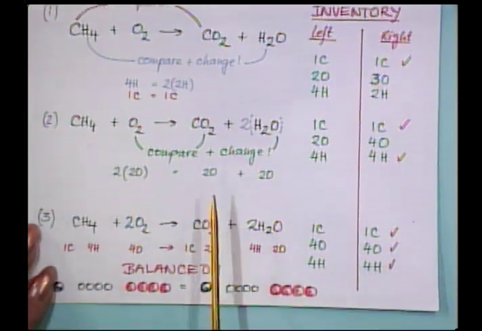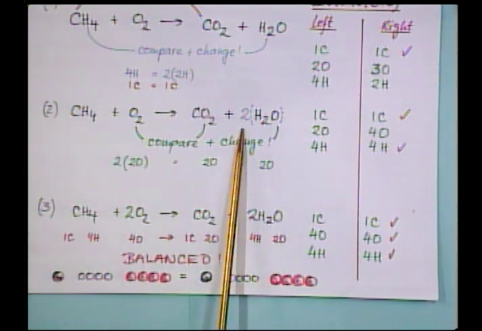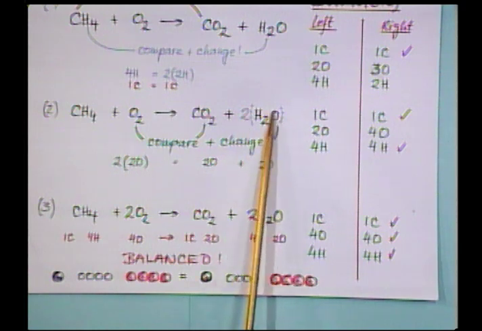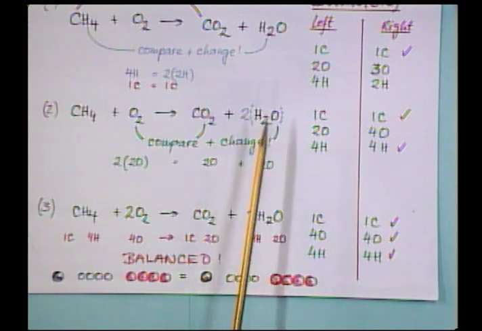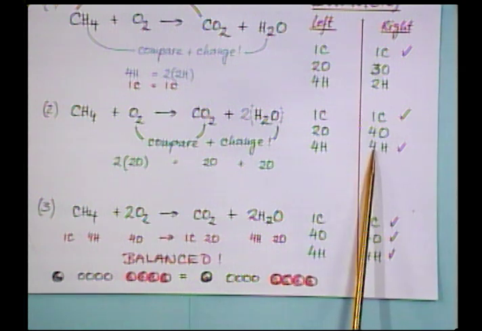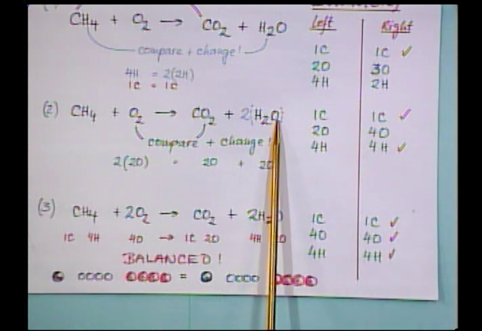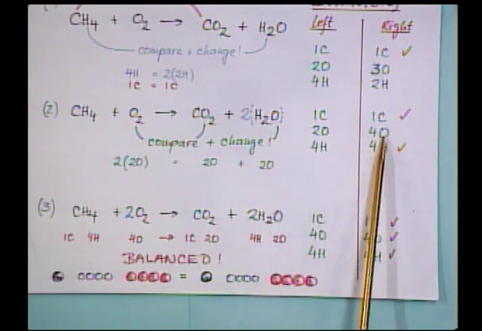So I start with 1. Let me see. I'll double the water. So when I put a 2 up here, that means the whole internal part has to be doubled. So 2 times 2, coefficient times subscript, essentially. Remember, the ones we don't write. So 2 times 2 is 4 hydrogens. Okay, we have that here now. And 2 oxygens, plus the 2 that we have from the carbon dioxide, gives a total now of 4.